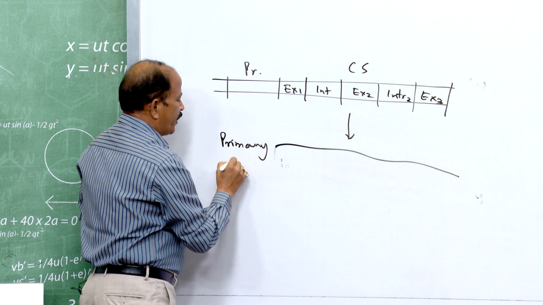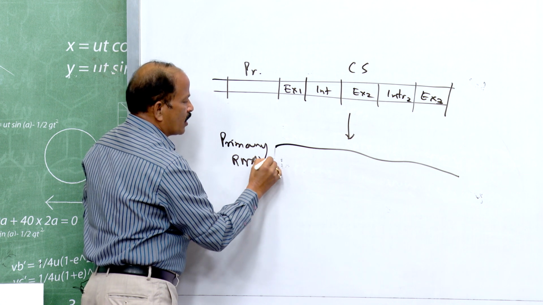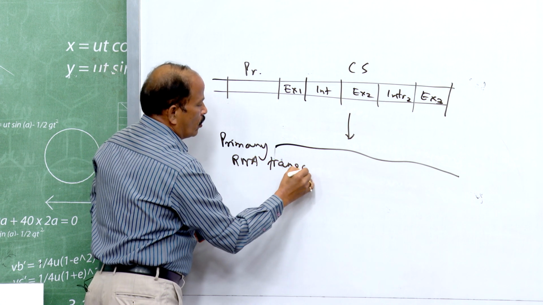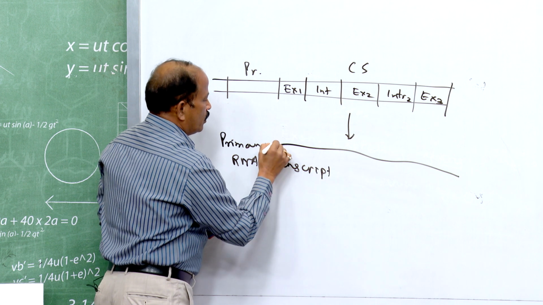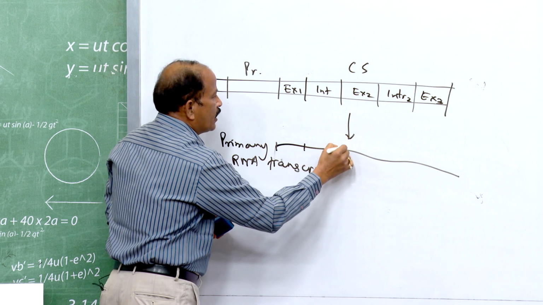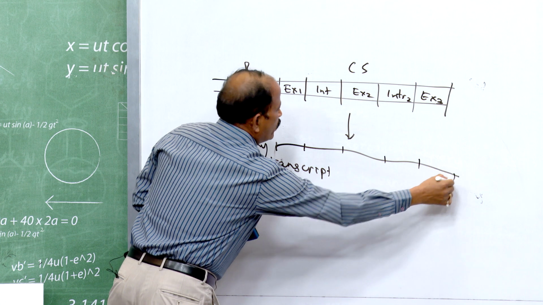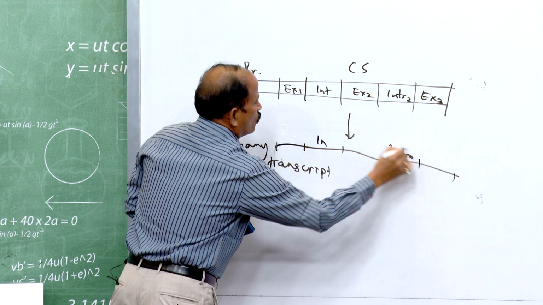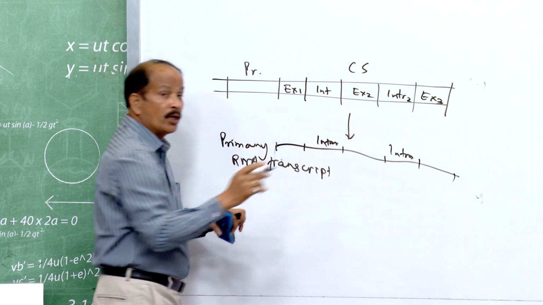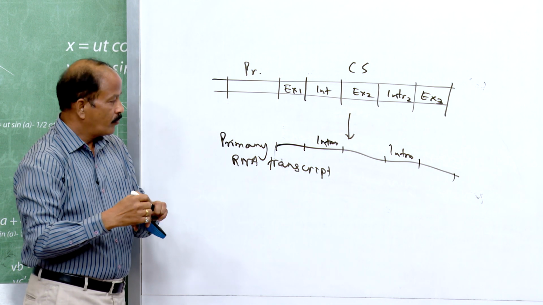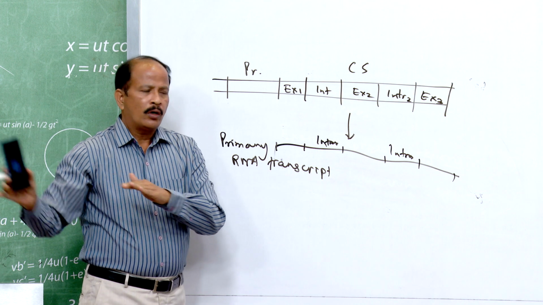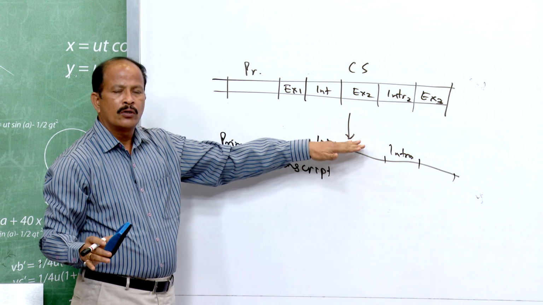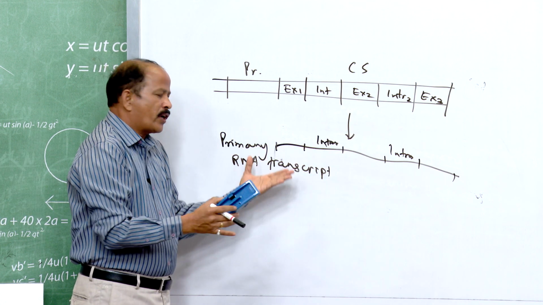The product of transcription is called transcript. Here, like DNA, it also has introns. So, these introns must be removed. I will show how these introns are removed and this transcript is processed.